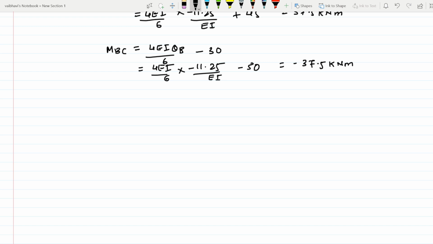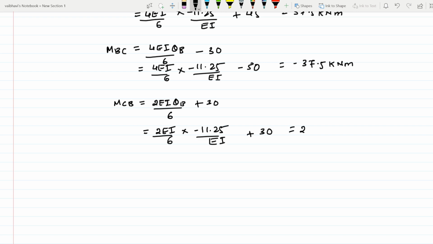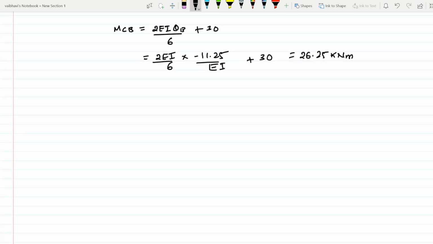Then MCB equal to 2EI theta B by 6 plus 30. 2EI by 6, theta B is minus 11.25 by EI plus 30 is equal to 26.25 kilonewton meter. Now we have got all the moment values, final moment values.